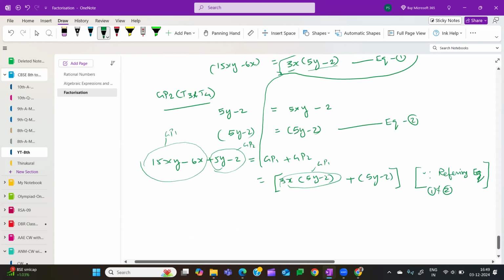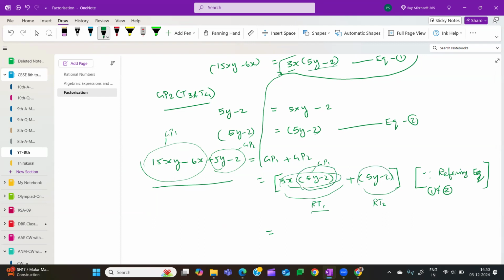So now our original algebraic expression is written in the form of revised term 1. What is revised term 1? It is 3x into 5y minus 2 plus revised term 2, RT2. Now in this revised term 1 and revised term 2, what is the common factor here? Yes, 5y minus 2 is here, 5y minus 2 is there also.